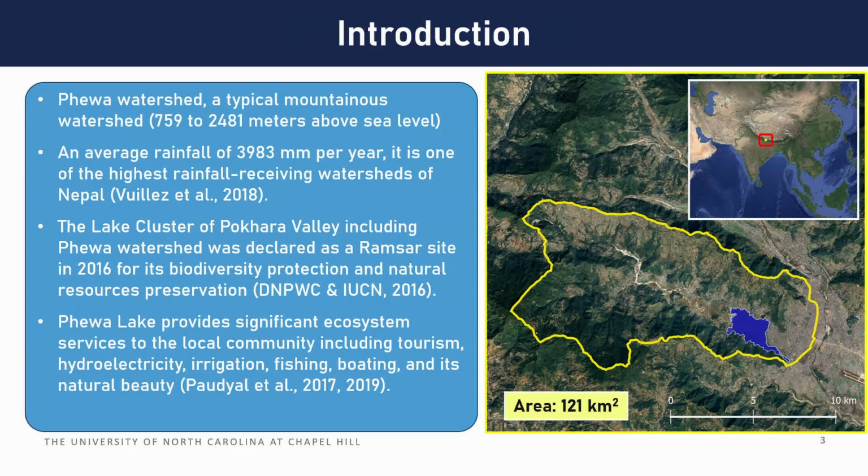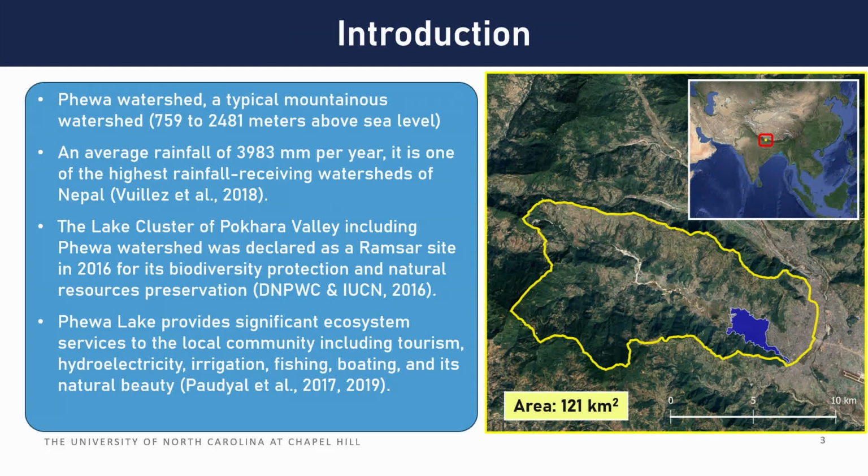So, Phewa watershed lies in Nepal and covers an area of 121 square kilometers. It is a typical mountainous watershed ranging from 759 to 2,481 meters elevation. It is also one of the wettest regions of Nepal, receiving an average rainfall of above 3,900 millimeter.